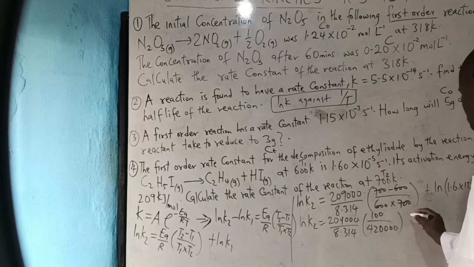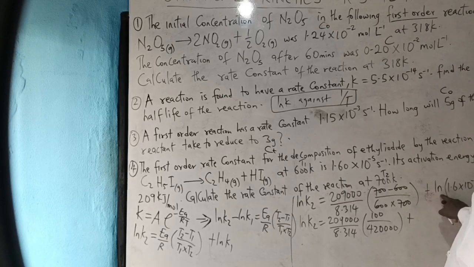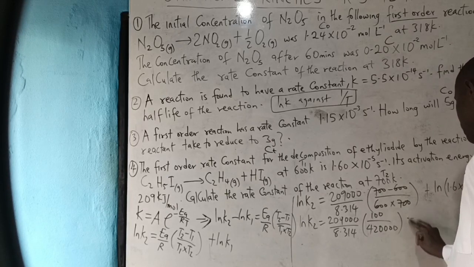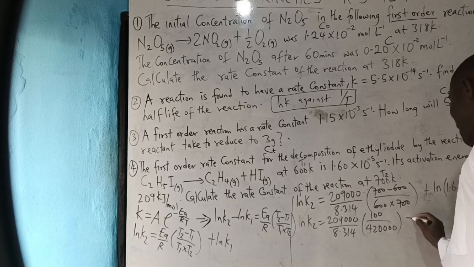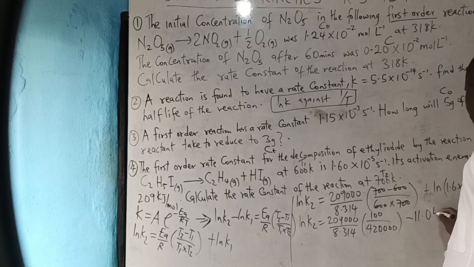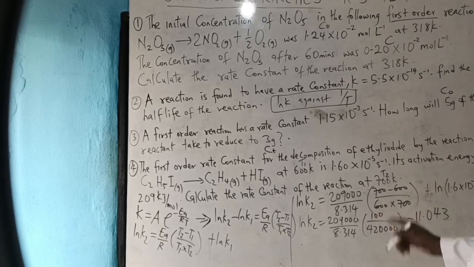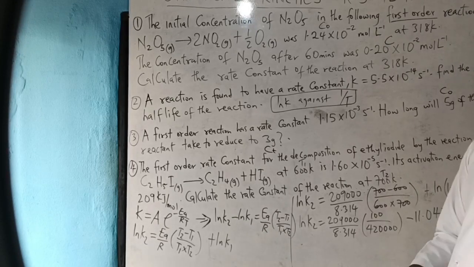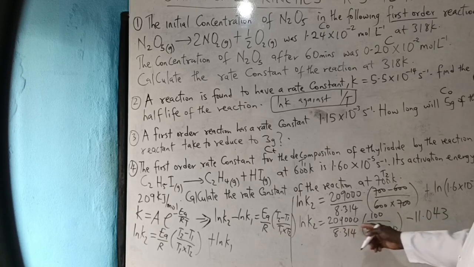So plus, if you check ln of 1.6 times 10 raised to the power minus 5, it will give you minus 11.043. Are you getting it? If you compute this, please use your calculator. This times is divided by this.